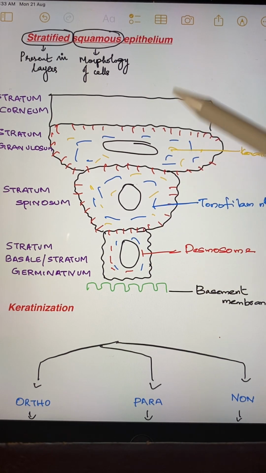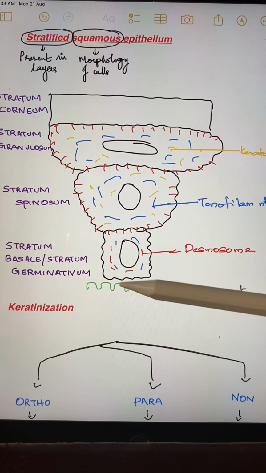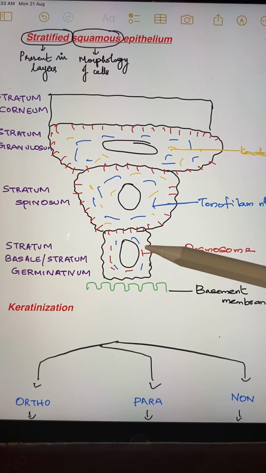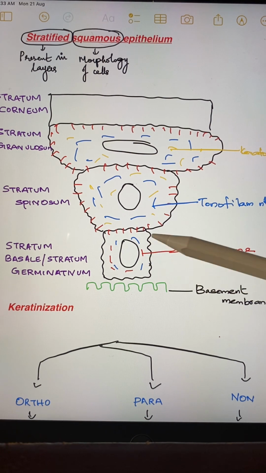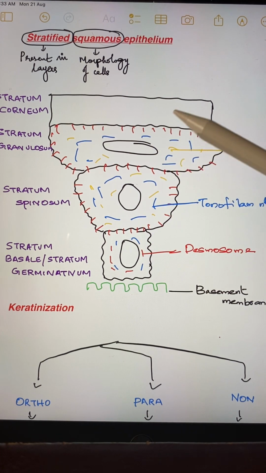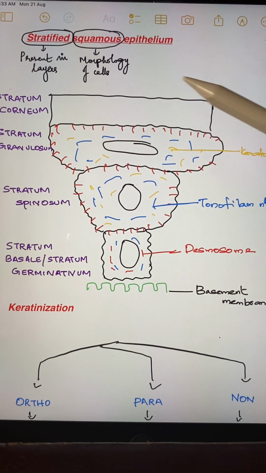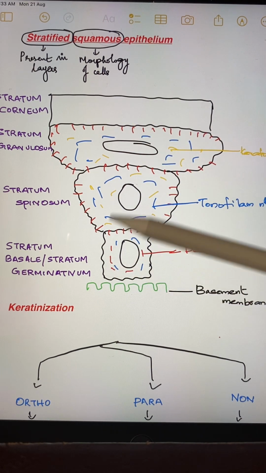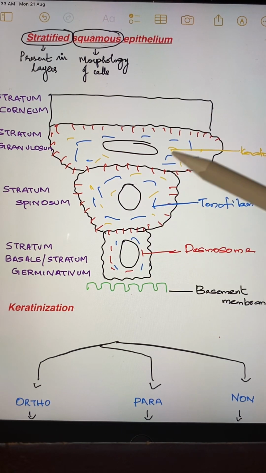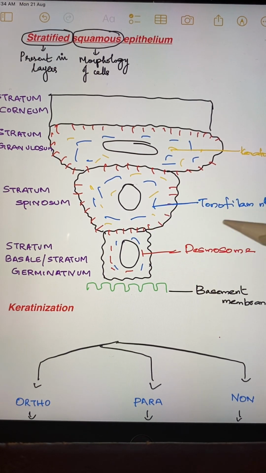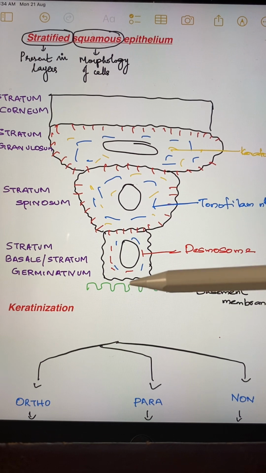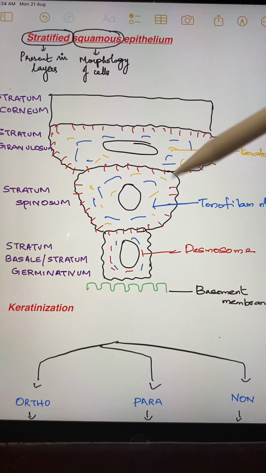These basal cells have a lot of mitotic activity because they produce new cells and then they go upwards. There are a lot of mechanisms happening in between this maturation process that we will discuss.